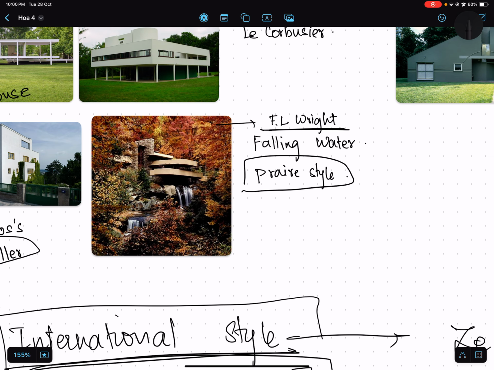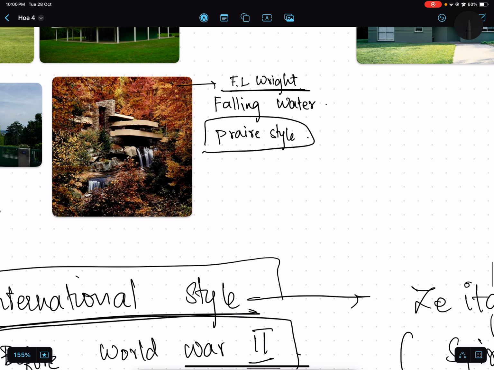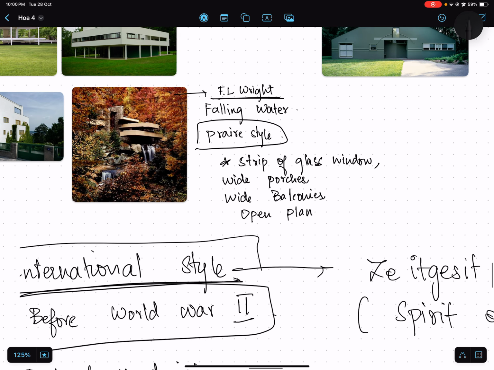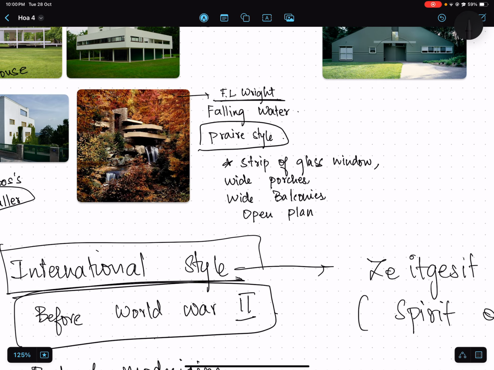Now, F.L. Wright's style, if you see, had strips of glass windows, wide porches, wide balconies, open plan, and he used materials like wood, brick, plaster, glass.